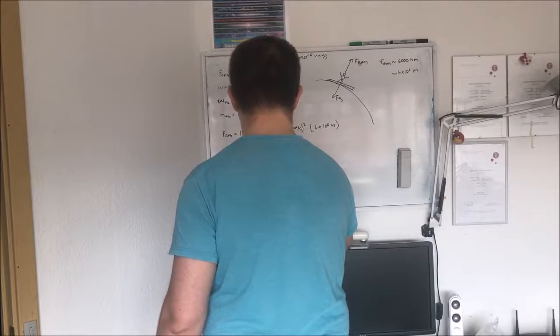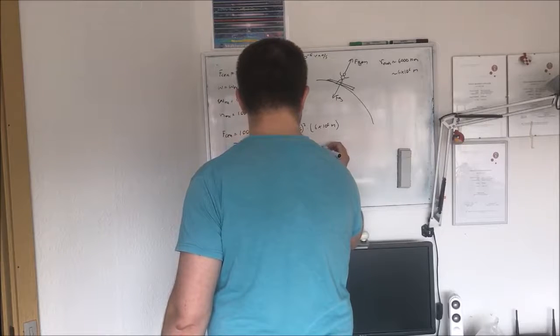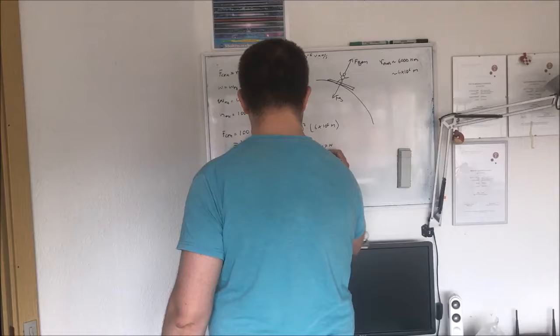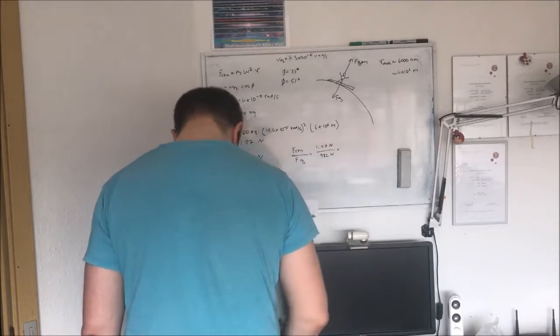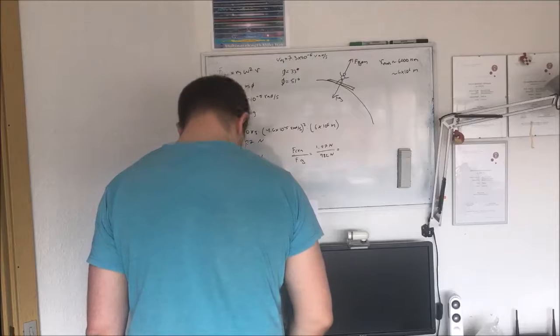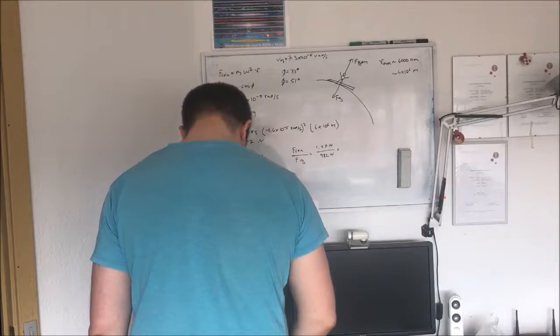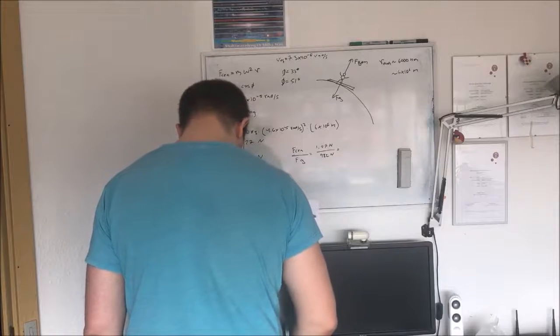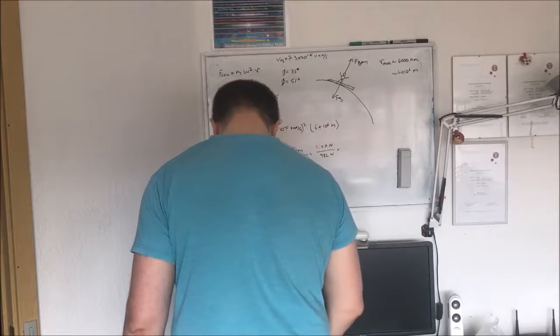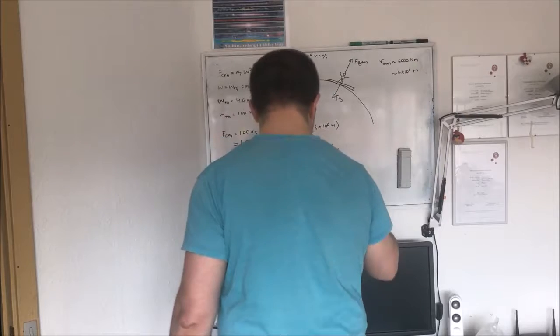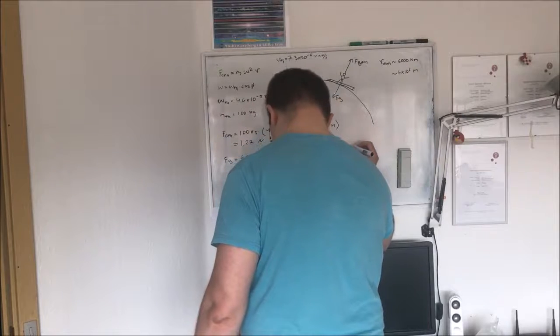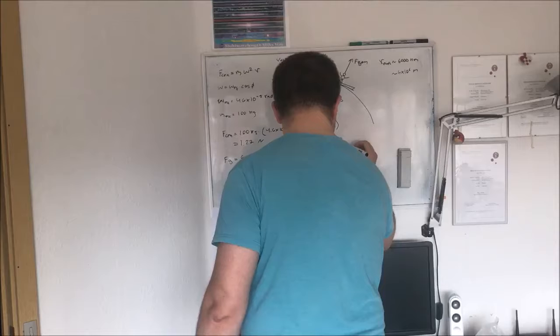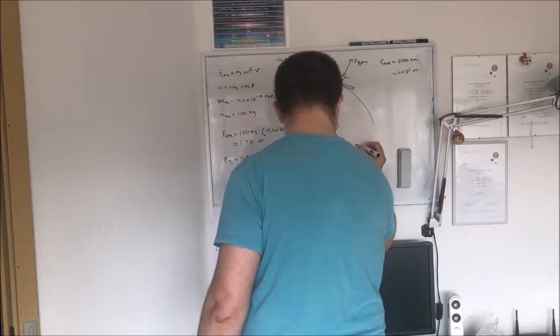F_cen over F_g, that is 1.27 Newton divided by 982 Newton, that is 0.13%.